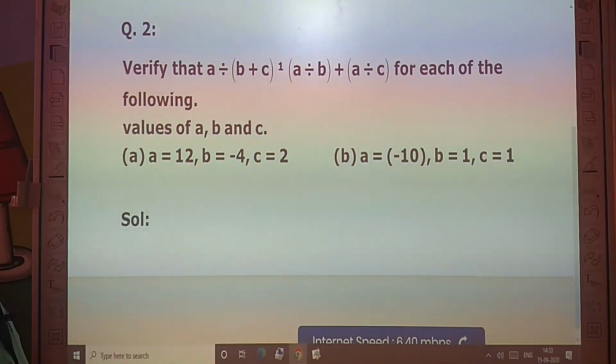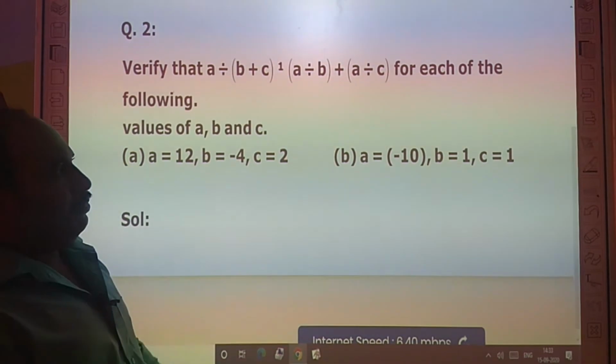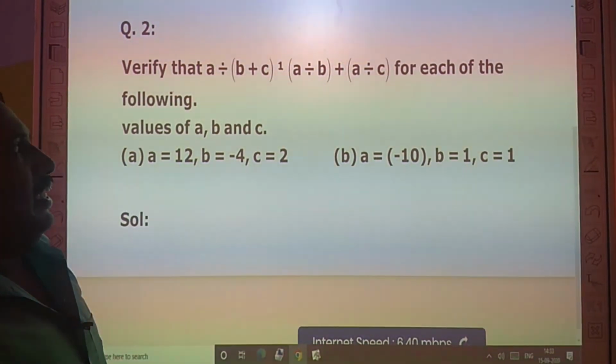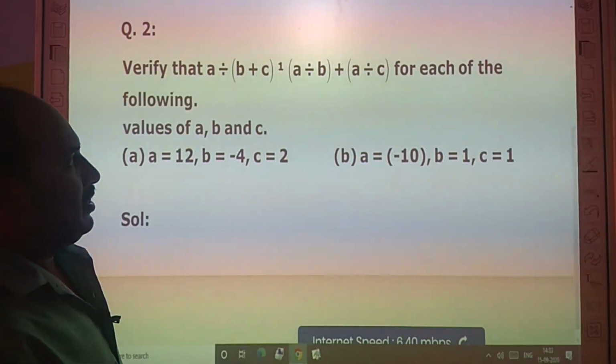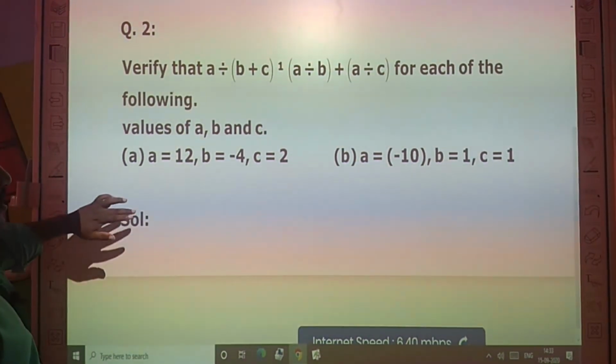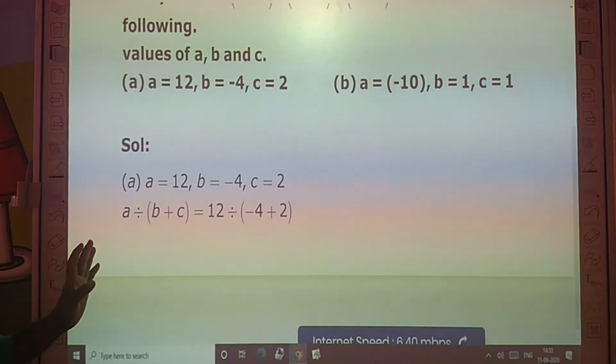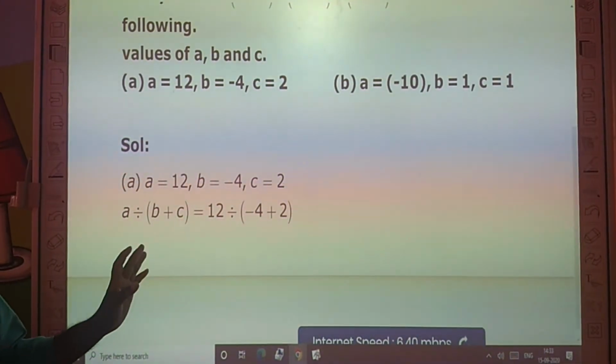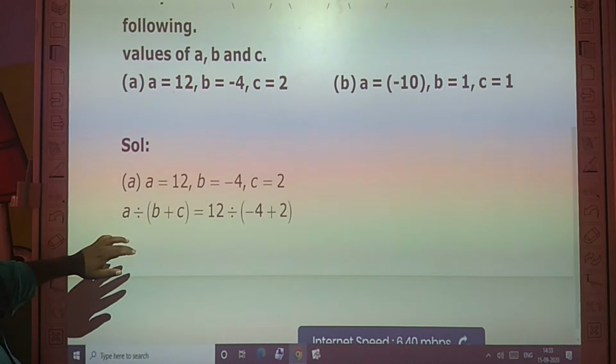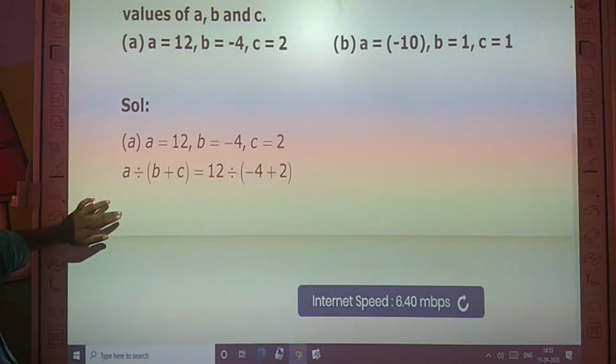The next one, question number 2. Verify that A divided by (B plus C) is not equal to A divided by B plus A divided by C, for A equal to 12, B equal to minus 4 and C equal to 2.